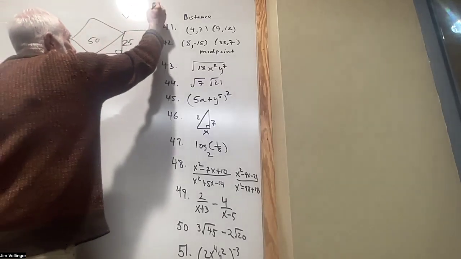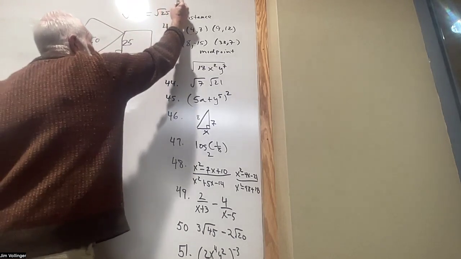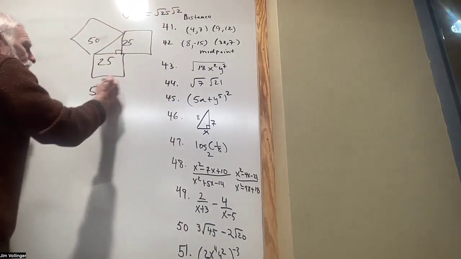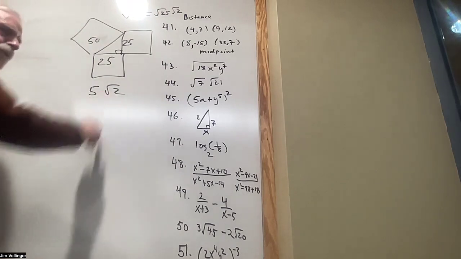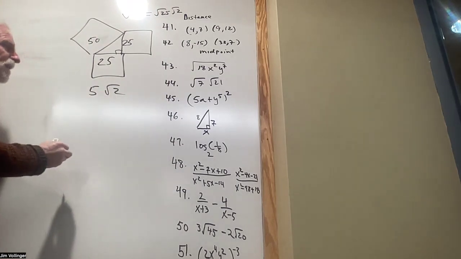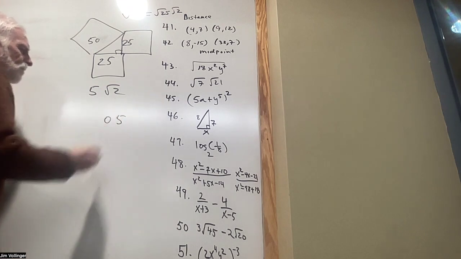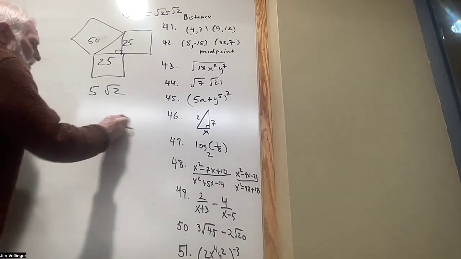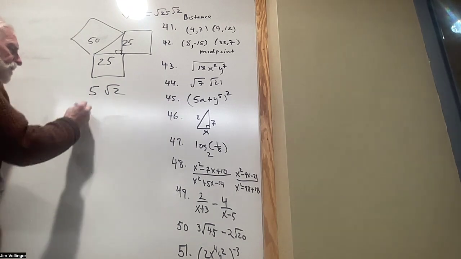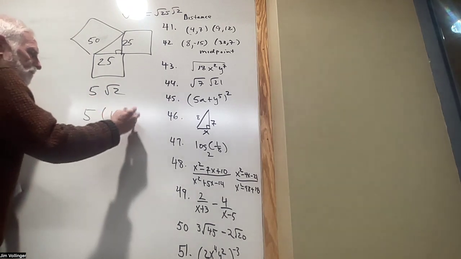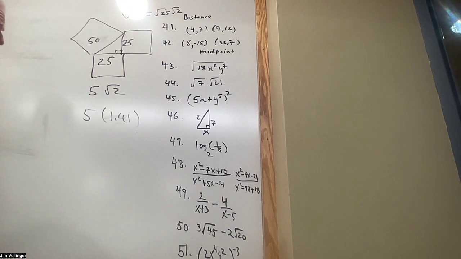The square root of 50 is equal to the square root of 25 times the square root of 2, which is 5 root 2. And that's another one I've asked you to memorize, root 2. So you can give me the approximate decimal, which is 5 times 1.41. I better do it out better than that. At this stage, I start to make real careless errors. You do 5 times 1.41. Yeah, I think I was on the right track.